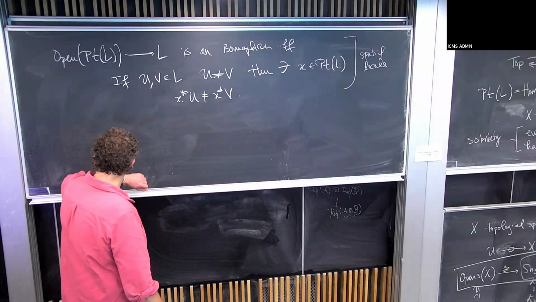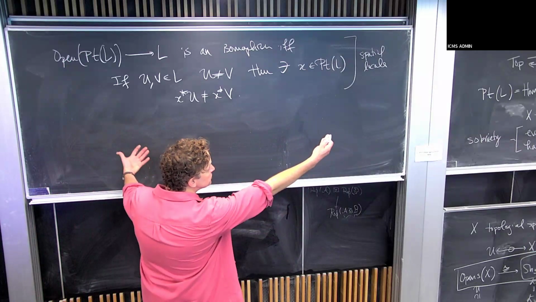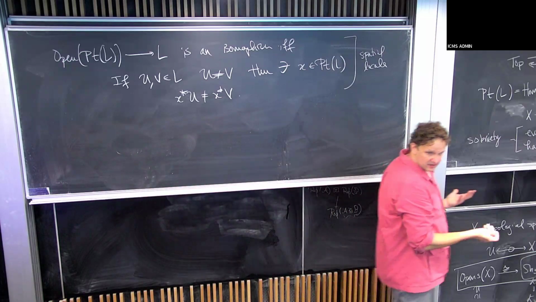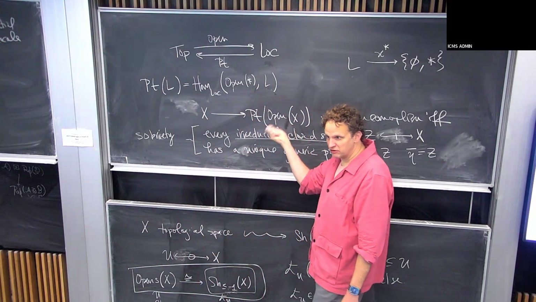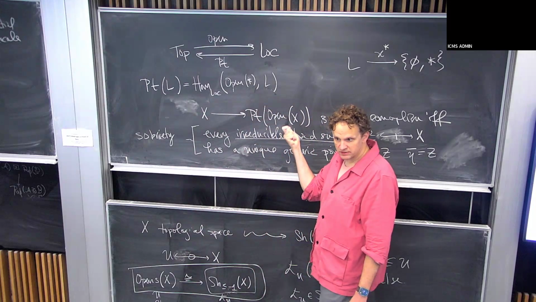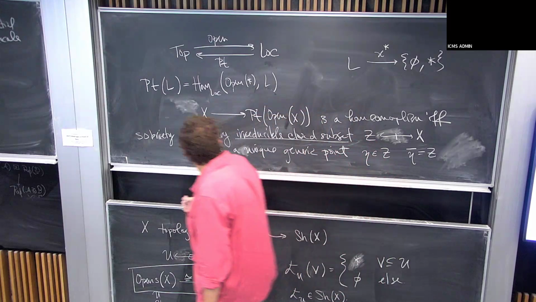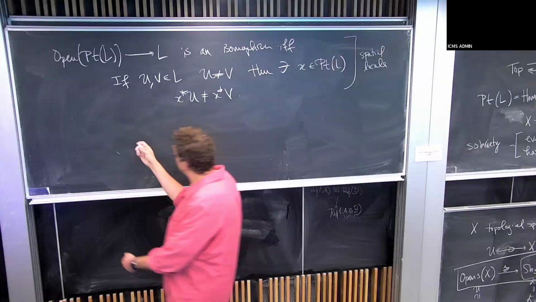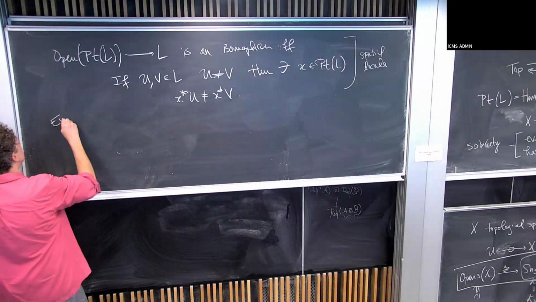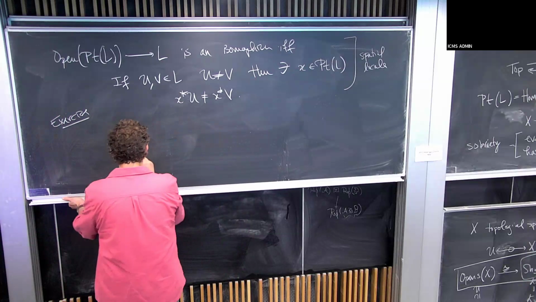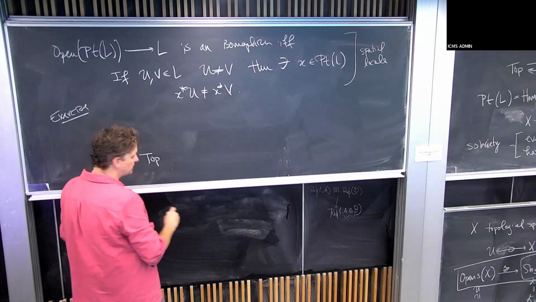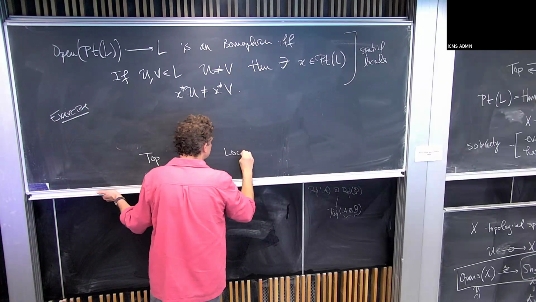Okay, so we have this adjunction here. It's not an equivalence of categories, but we are cutting out pieces of these categories where the unit and the co-unit are isomorphisms. And then you can check something. So this is where the exercise is. Here we have topological spaces again. Here we have locales again.